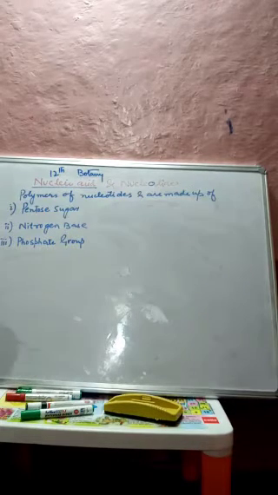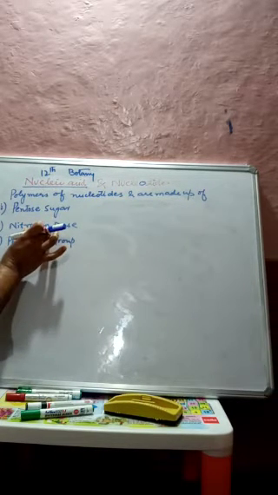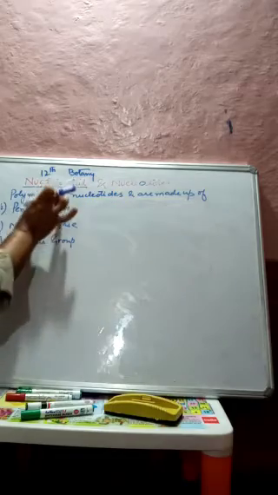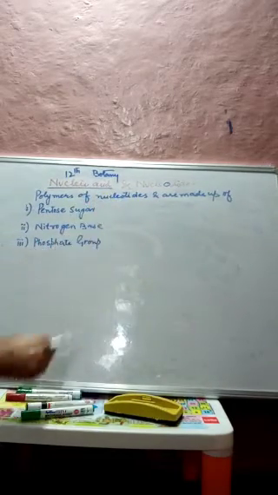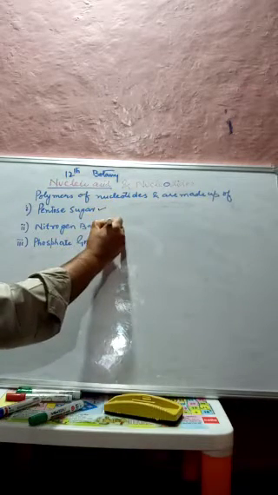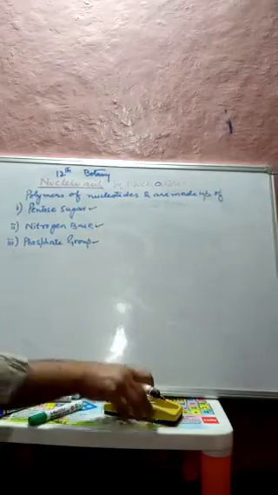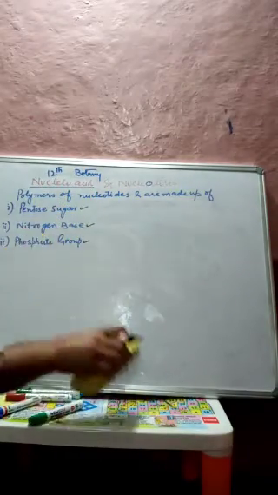Now, these nucleic acids, the polymers of nucleotides, are made up of pentose sugar, nitrogen base and phosphate group. So we can say these nucleic acids are made up of these three different things. Now, let us see the structure of this pentose sugar.